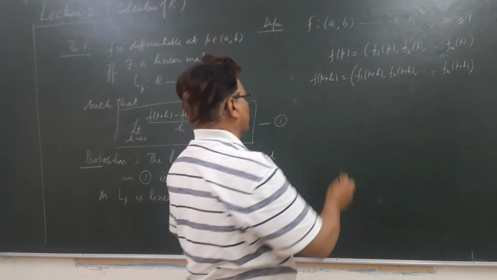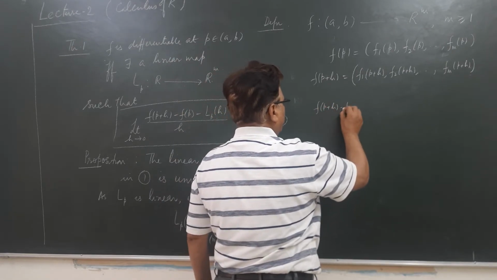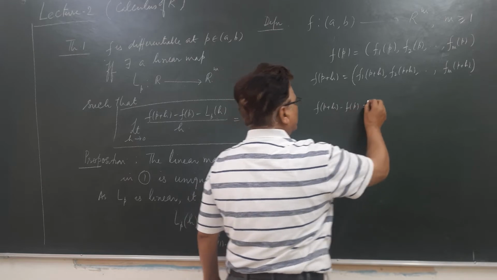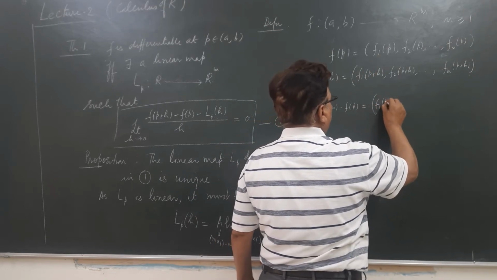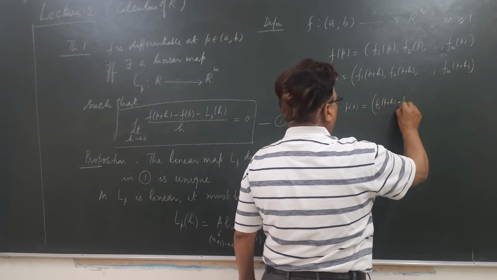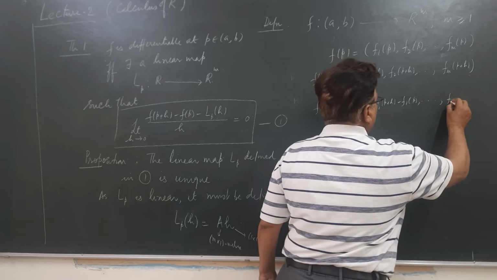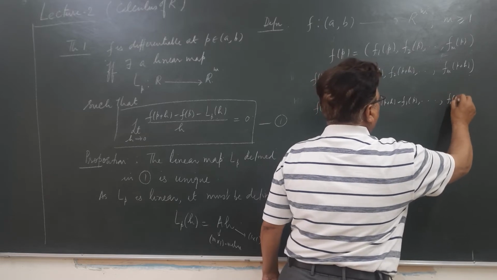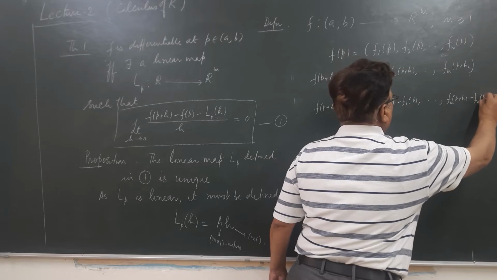And the difference of the two, that is f of p plus h minus f of p, is equal to the pointwise difference: f1(p plus h) minus f1(p), and the last component will be fm(p plus h) minus fm(p).